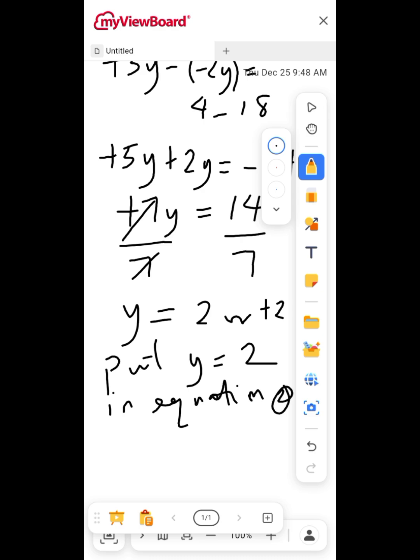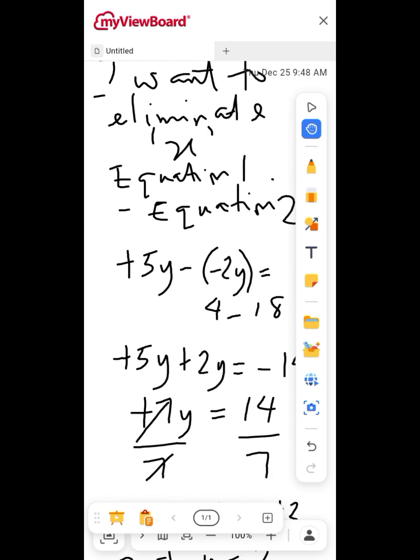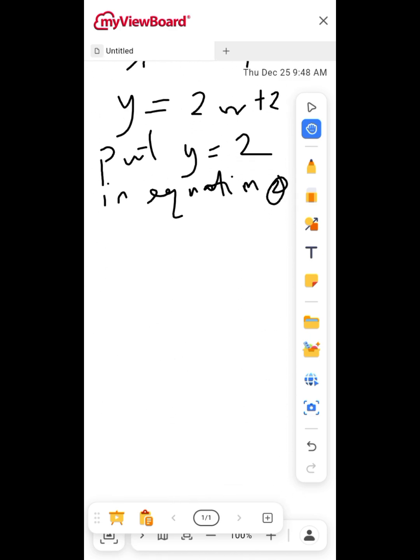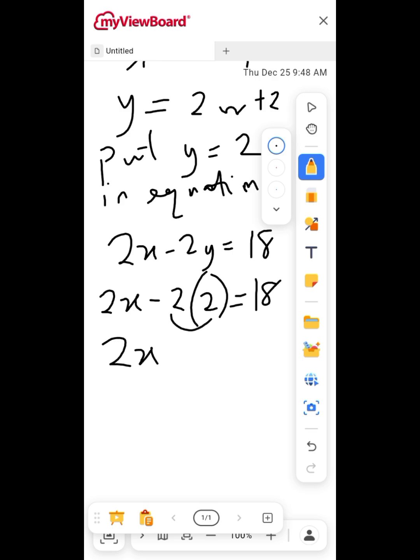What does equation 2 say? Equation 2 says 2x minus 2y equals 18. So anywhere I see y, I put 2 there. So 2x minus 2 into bracket 2 equals 18. So 2x minus 2 times 2, that's minus 4, equals 18.